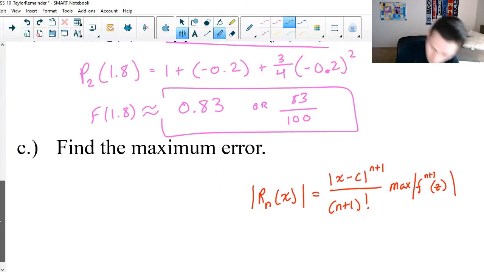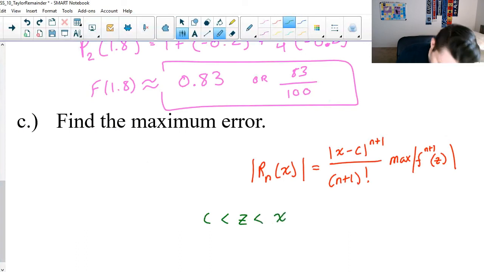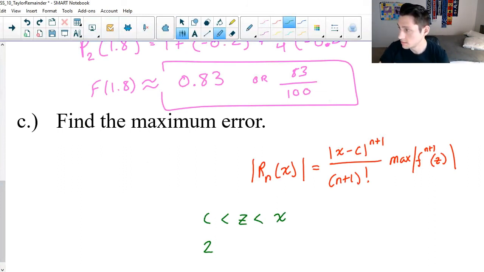All right, so usually we had to go through and do the derivative of each thing, but we don't even have an actual function here. But z is something that is between, remember, c and x. C in this case is 2, because we know that's what we centered it around.